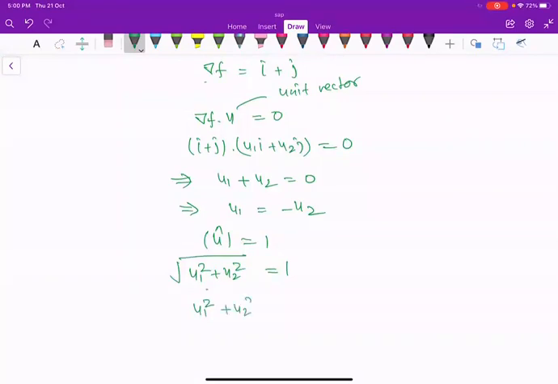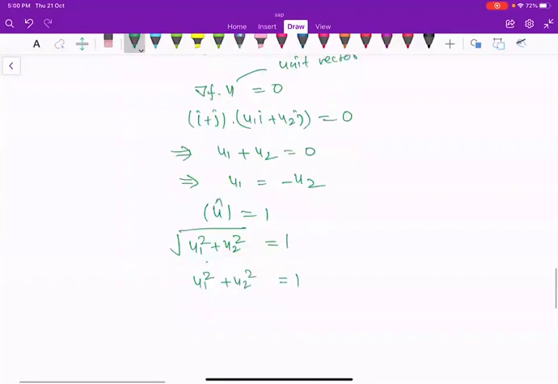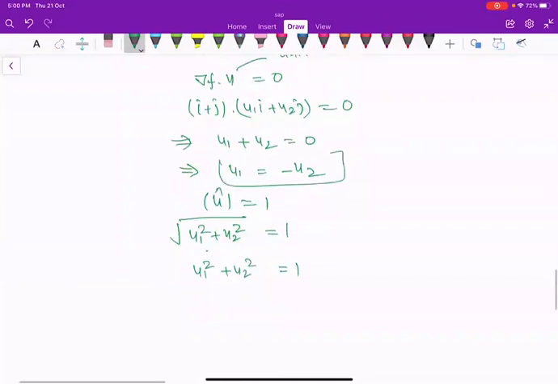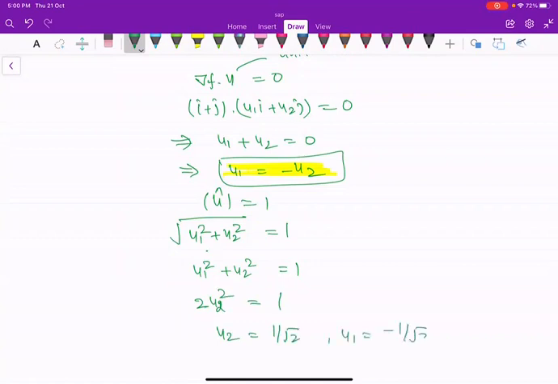Now put the value of u1 equal to minus u2. We will get 2 u2 square equal to 1. So u2 equals 1 by root 2, and then the value of u1 will be minus 1 by root 2.